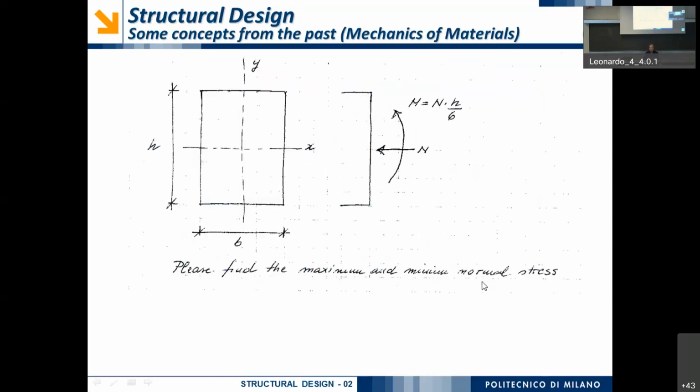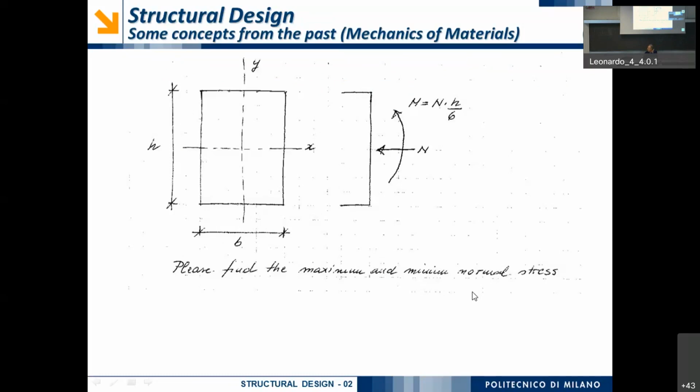But if we are dealing with a linear elastic material, I have that if I simultaneously apply a bending moment and an axial force, the results in terms of stresses, for example, are the same as if I applied first the axial force and then the bending moment.